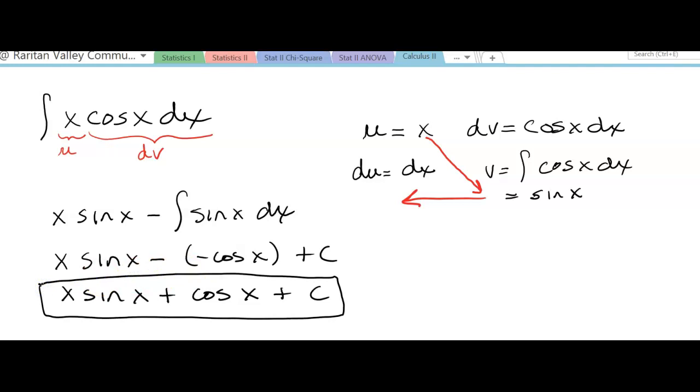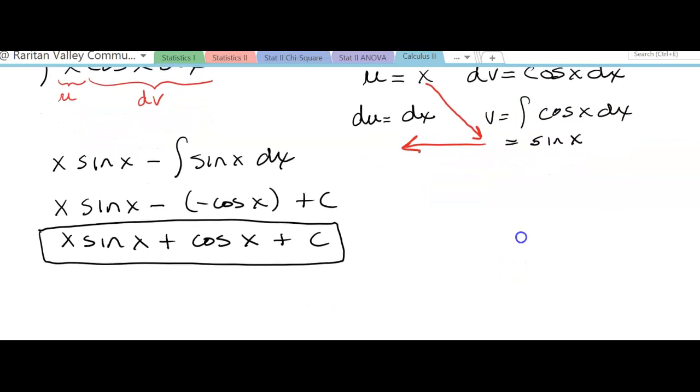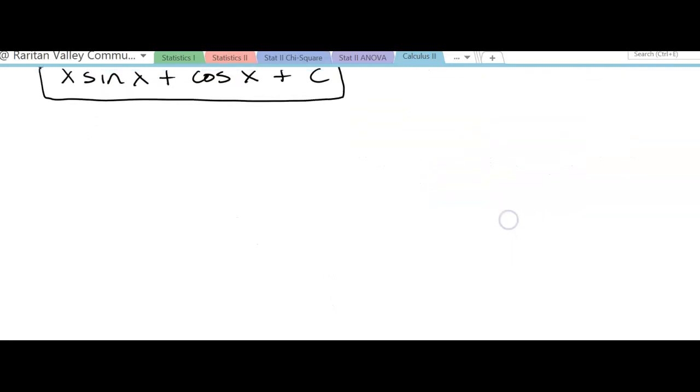All right, so remember what I said. So far, every time we saw an x, we picked x as our u. Should you always pick x as your u? Well, let's take a look at another one. All right, now watch.